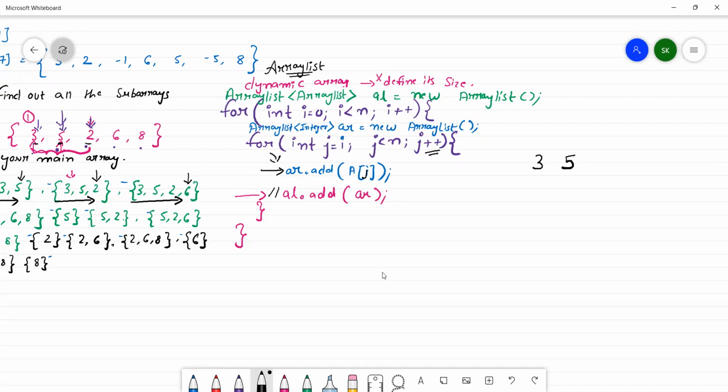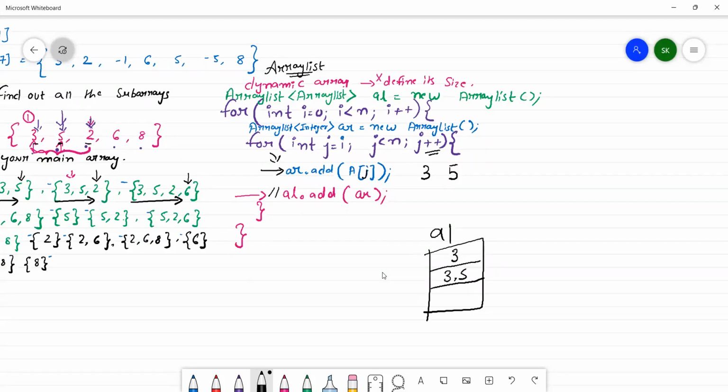And what this AL is doing is nothing but, once 3 was added, AL in itself will add 3 to its ArrayList. The next time when this loop runs, the array was already added with 3, now 3, 5 will come. So this ArrayList will again add 3, 5.